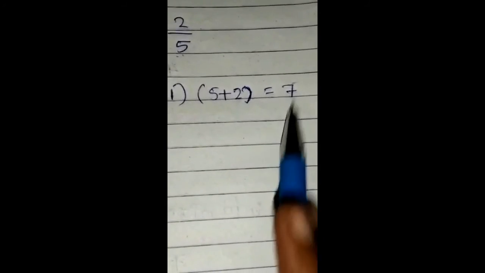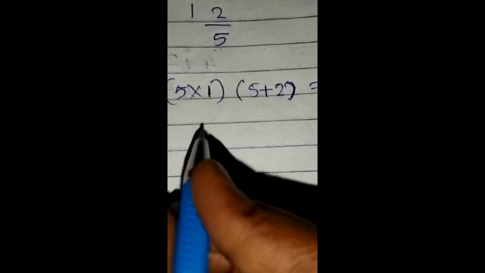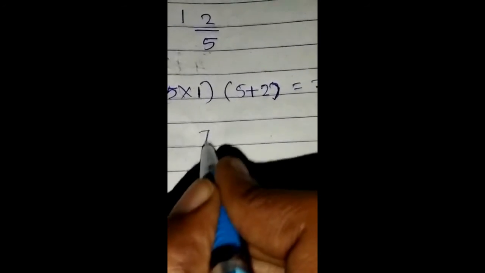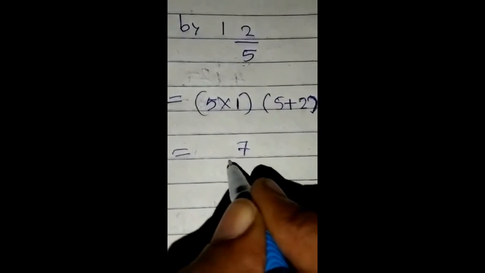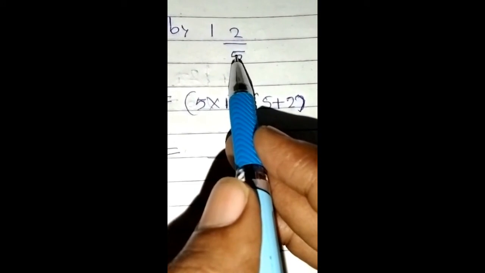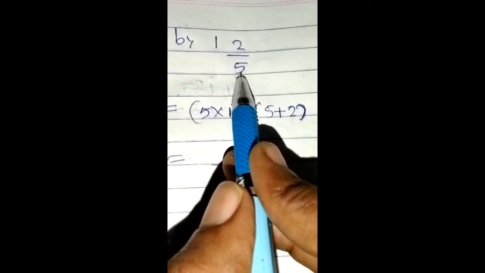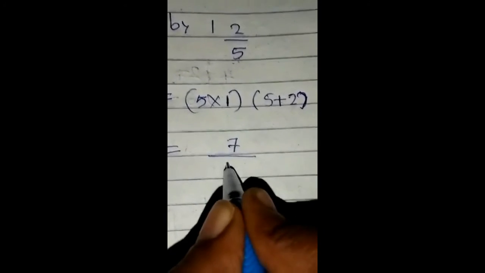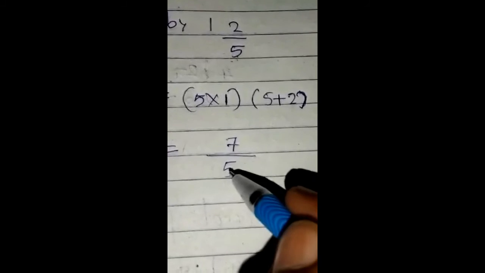Then we add the numerator, which is 2. 5 plus 2 equals 7. Our answer is the numerator of the improper fraction, and the denominator stays as it is, 5. Answer is 7 divided by 5.